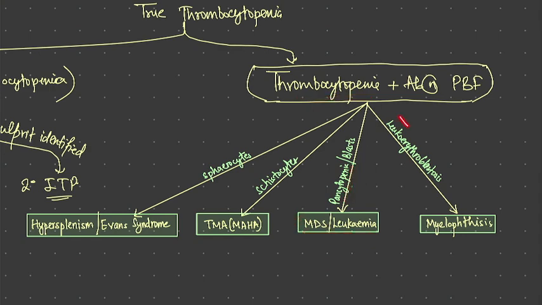If we see leukoerythroblasts, meaning there are leukocytes and erythrocytes, both in immature form, then it is myelophthisis, right? There is an attempt to generate more and more RBCs and WBCs, and their premature release into the peripheral blood causes leukoerythroblastosis. It is seen in myelophthisis.